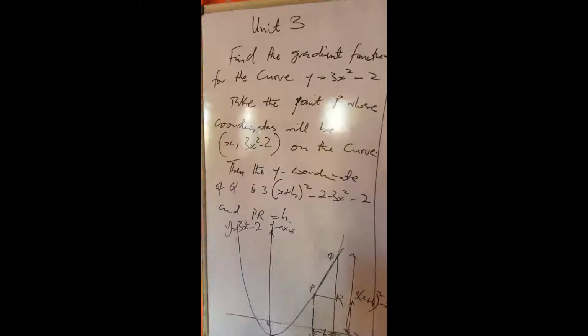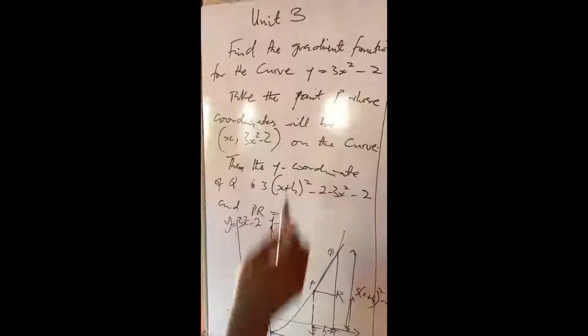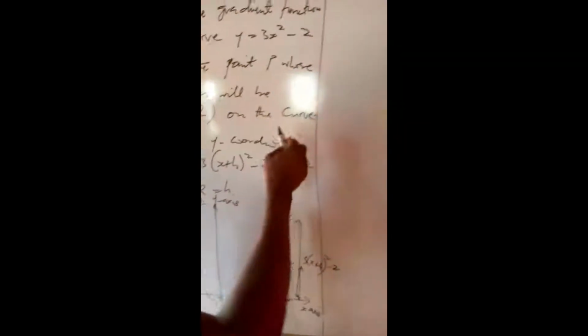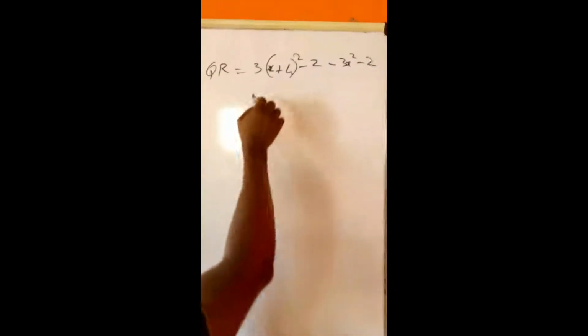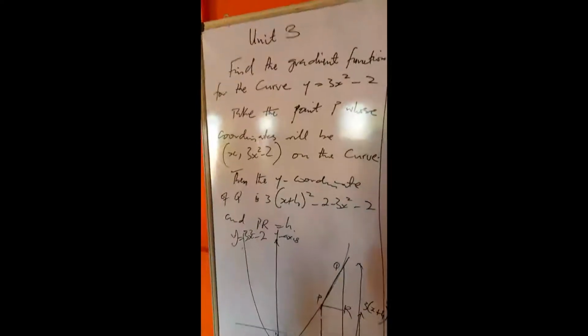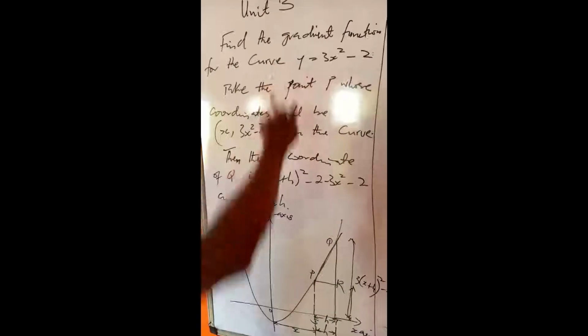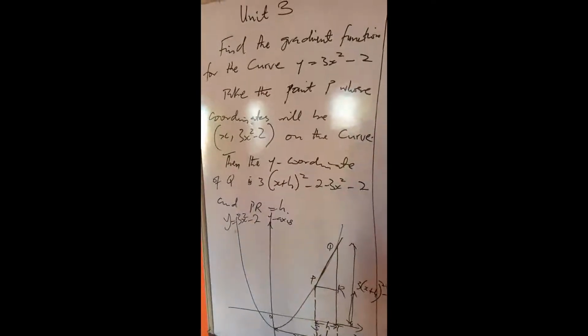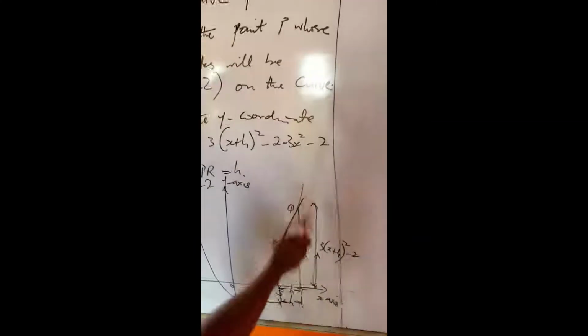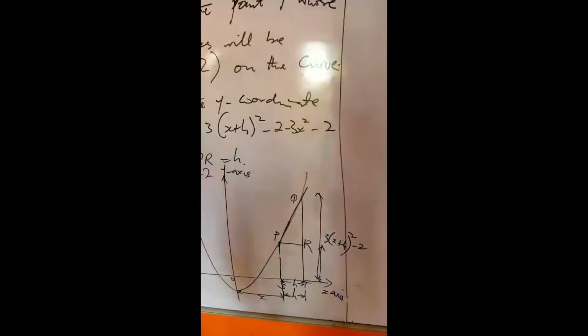To have QR, we have to subtract this coordinate from the y coordinate of Q, and that will give us the difference between them.